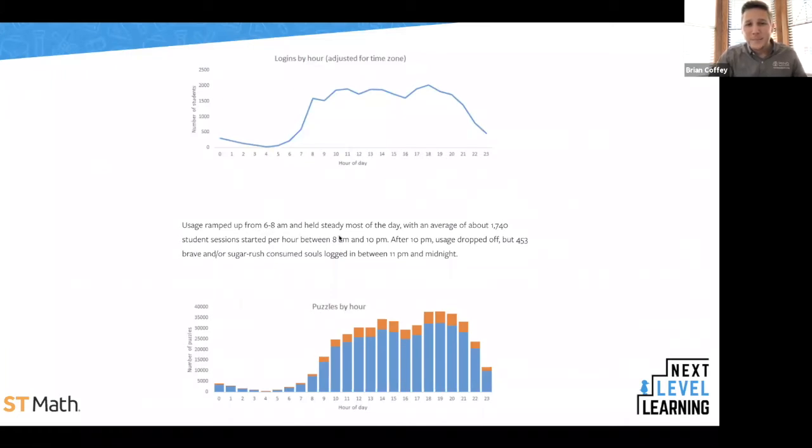Between 6 and 8 a.m., it holds steady for an average of about 1,740 students at the start of the session. And they hold up to around 10 p.m. at night, when I guess the sugar high crashes for them. And again, this is puzzles by hours. This is the amount of puzzles collected. And as you've seen, when students are on ST Math and they're collecting puzzles, that's learning. It's happening. So that's pretty sweet.